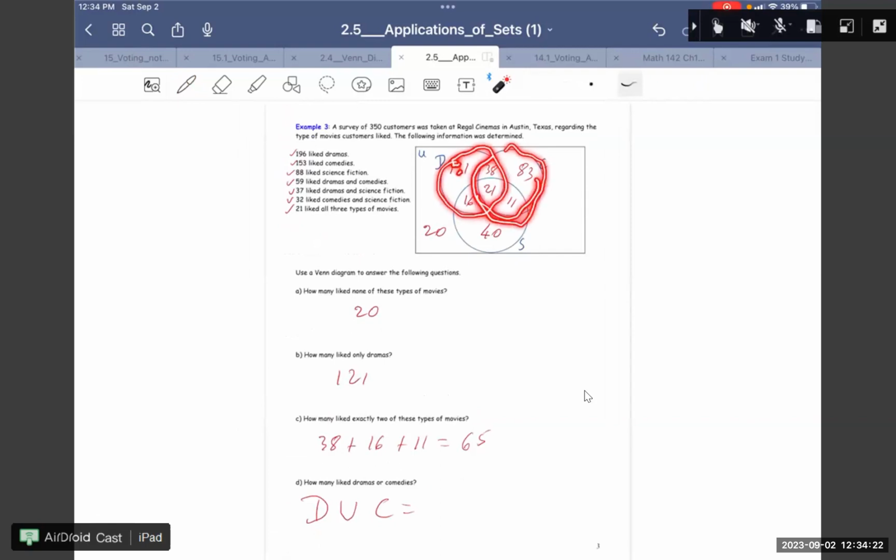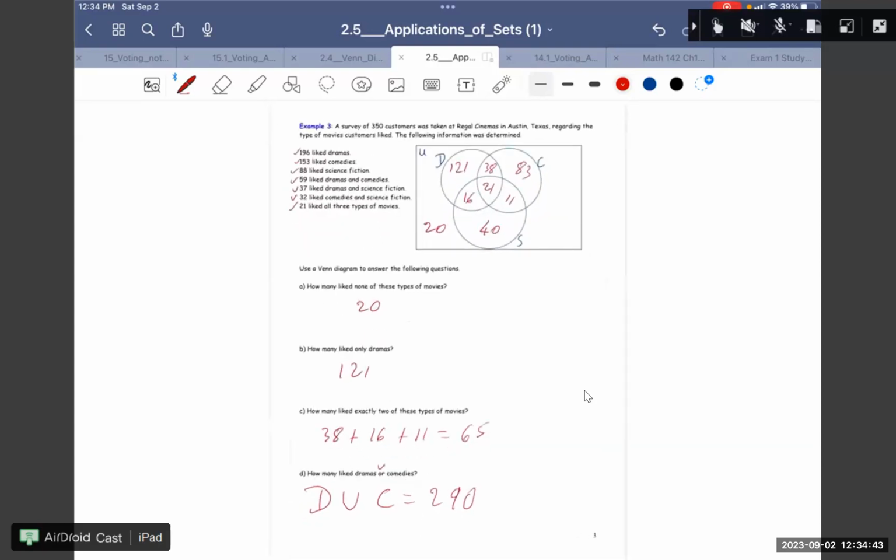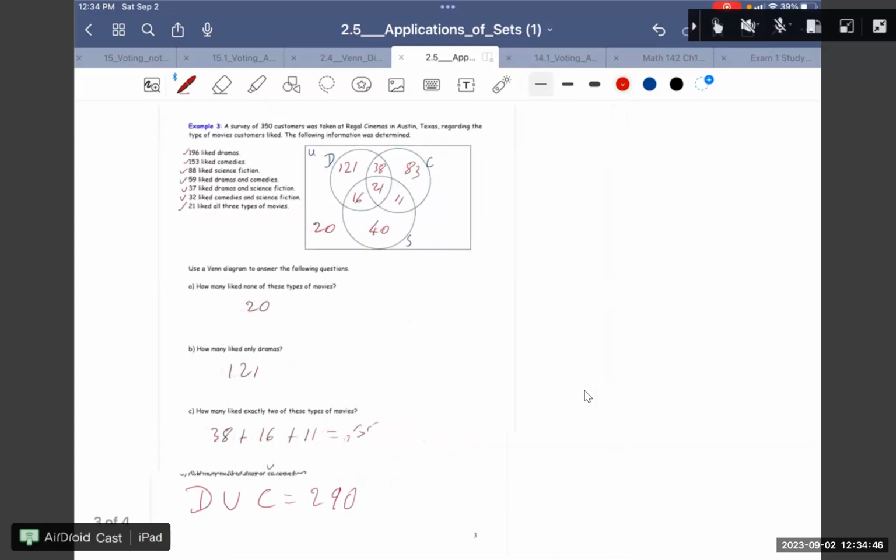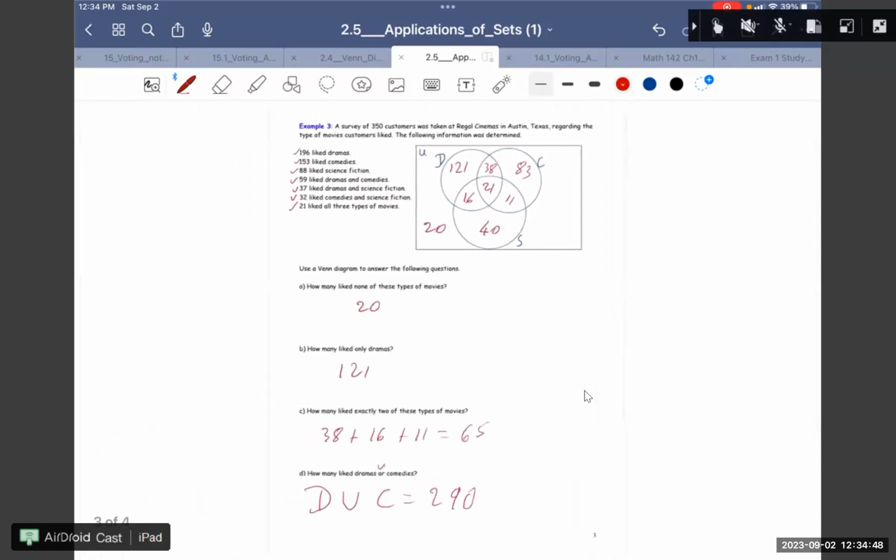So we add all of these up, right? So we add all of them up. So that's going to be 290. Remember, or is when this one is the union, okay? So that's all we have. So thank you very much.